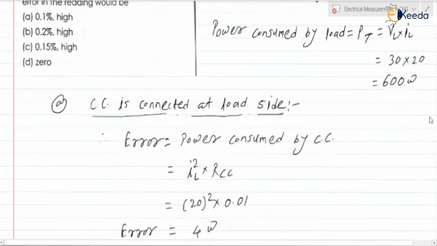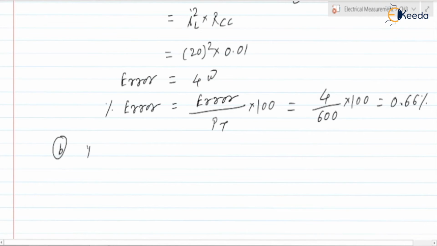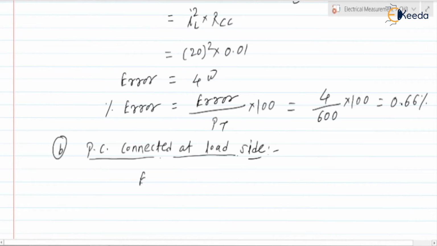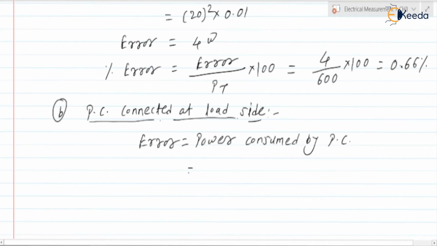Next, the pressure coil is connected at the load side. When the pressure coil is connected at the load side, the error is equal to the power consumed by the pressure coil. What is the power consumed by the pressure coil?